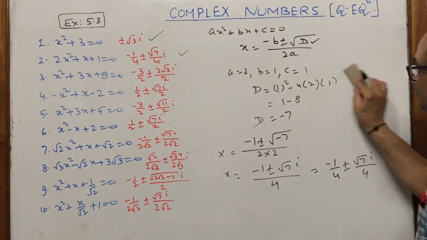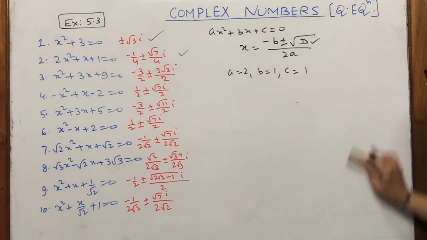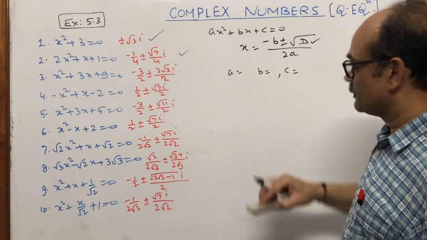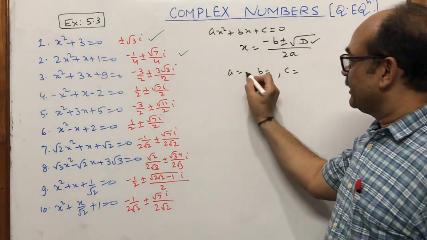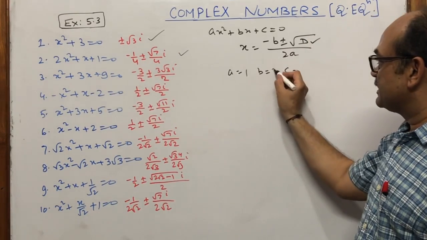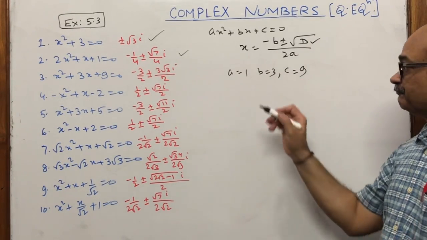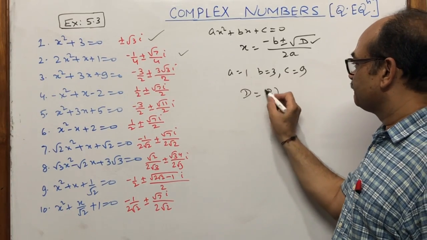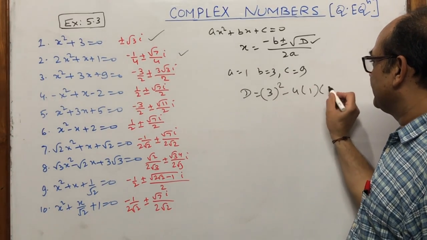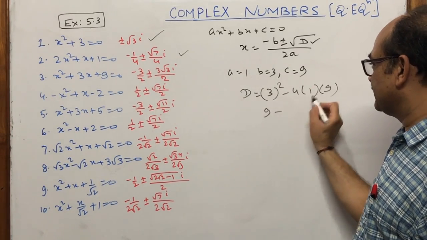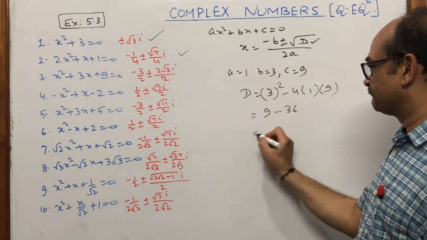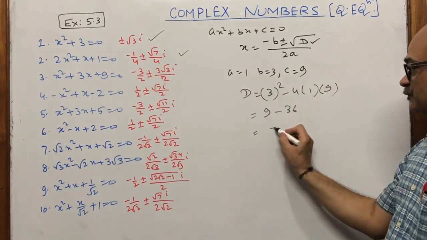Third sum. Sum number third. A is 1, B is 3 and C is 9. Calculate D. B square minus 4AC, 9 minus 36, that is minus 27.